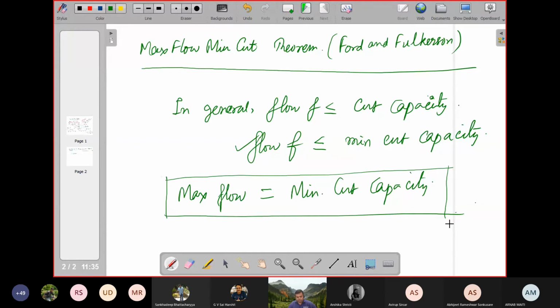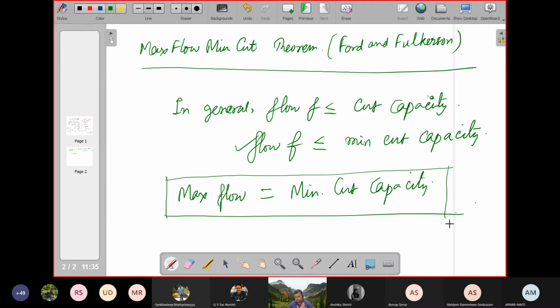Okay. Based on this theorem, they developed a labeling algorithm which tries to assign flows along different arcs, satisfying the capacities, to find the maximum flow, which we will now discuss. But the theorem is this one. The algorithm is known as the labeling algorithm, the Ford-Fulkerson labeling algorithm, and it is based on this theorem.